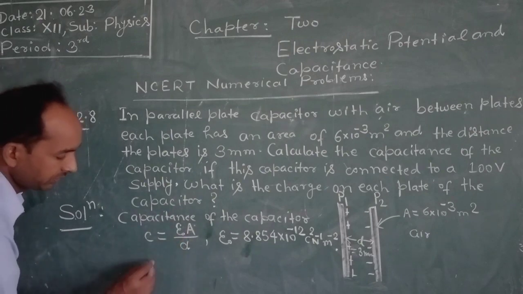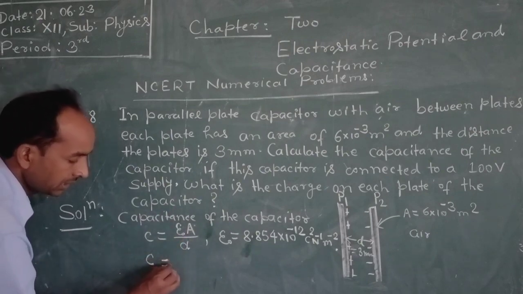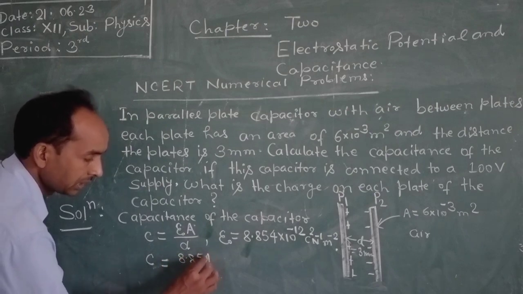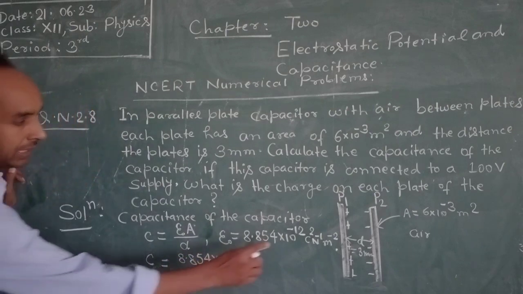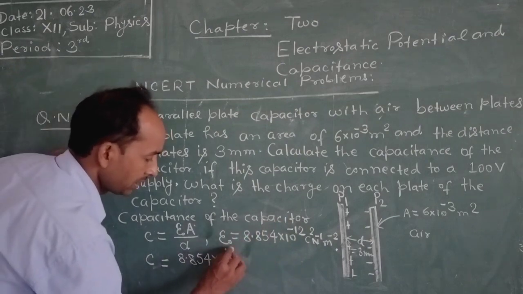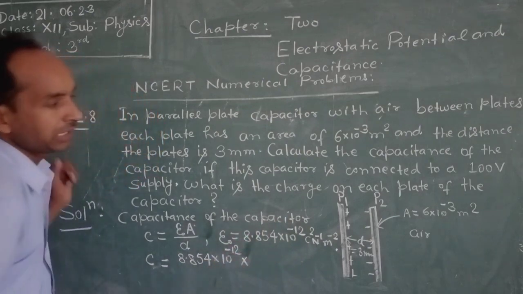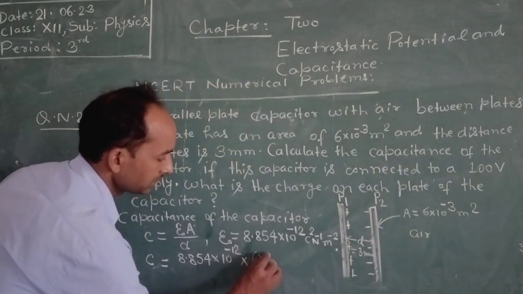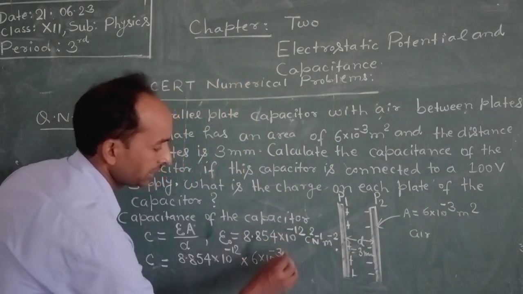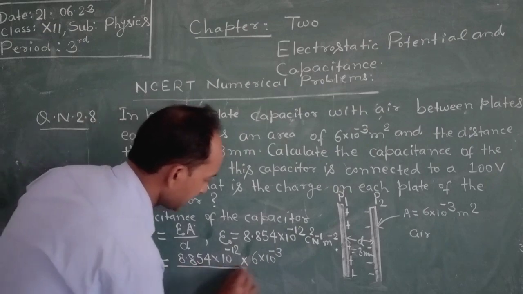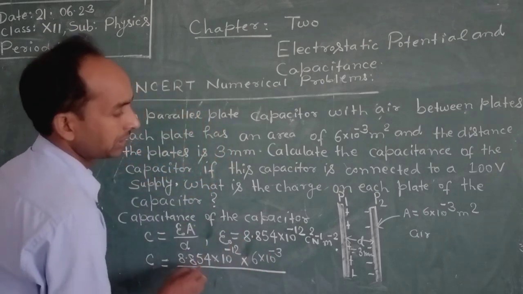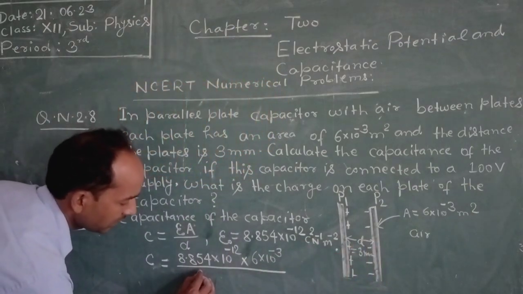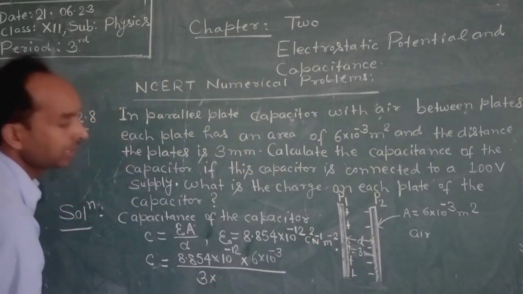Now putting all these values, we get 8.854 into 10 to the power minus 12, and the area of the plate is 6 into 10 to the power minus 3, divided by D. D means the distance between the plates, which is 3 mm.